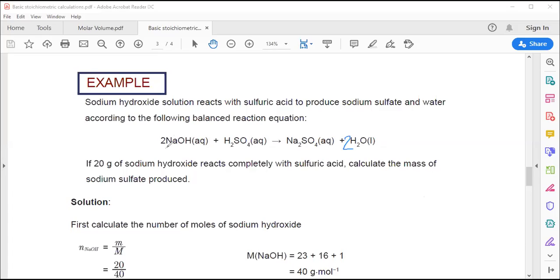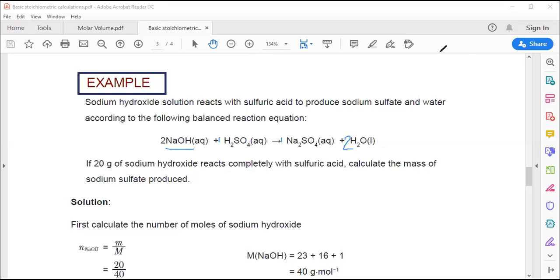When I compare sodium hydroxide and sulfuric acid, the ratio is 2 is to 1. Sodium hydroxide and sodium sulfate, the ratio is 2 is to 1. Sodium hydroxide to water, the ratio is 2 is to 2, which is 1 is to 1. So if here it's 0.5 moles, the quantity here must also be 0.5.